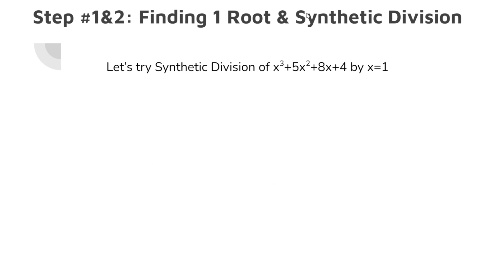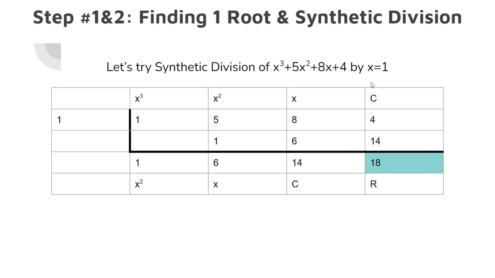Now finding one root and synthetic division. Let's try the synthetic division of it by x equals 1. As we do the synthetic division, reminder, now we have an x cubed column. 1 drops down, and then you multiply 1 by 1 up here, and you put the 1 in here. Then you add the 2. 5 plus 1 is 6. Then you take the 6, multiply it by the root 1. 6 times 1 is 6.